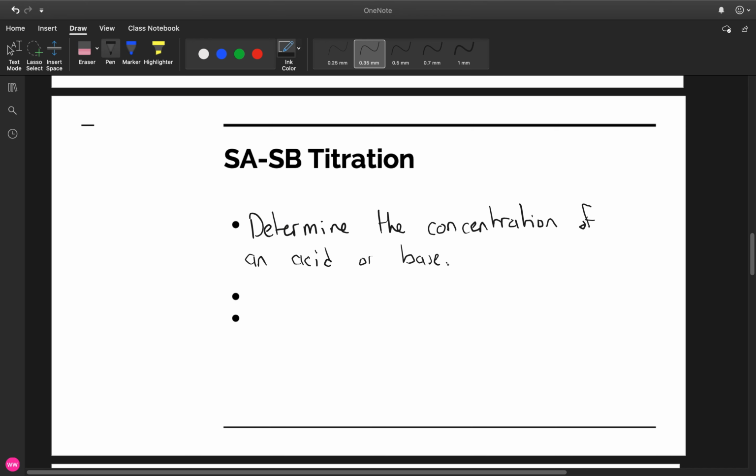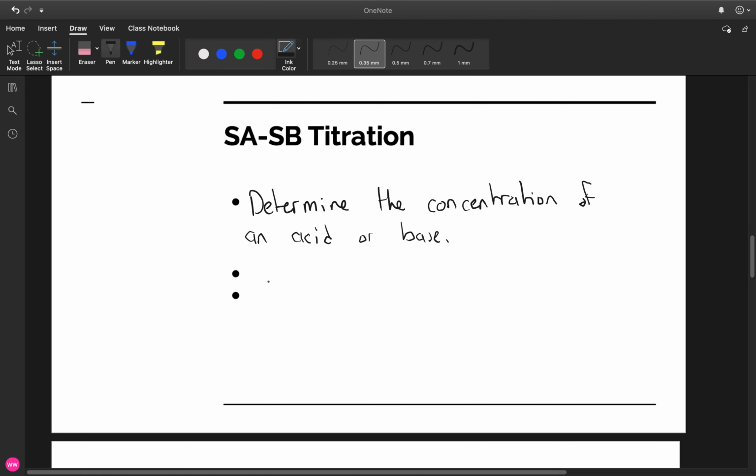There's almost no other point to a strong acid, strong base titration. We can use these to see if you understand some of our basic stoichiometric properties, whether this be limiting reactants or excess reactant type problems. But honestly, at the end of the day, the most important question that you should be getting from this is what is the concentration of the acid or base?